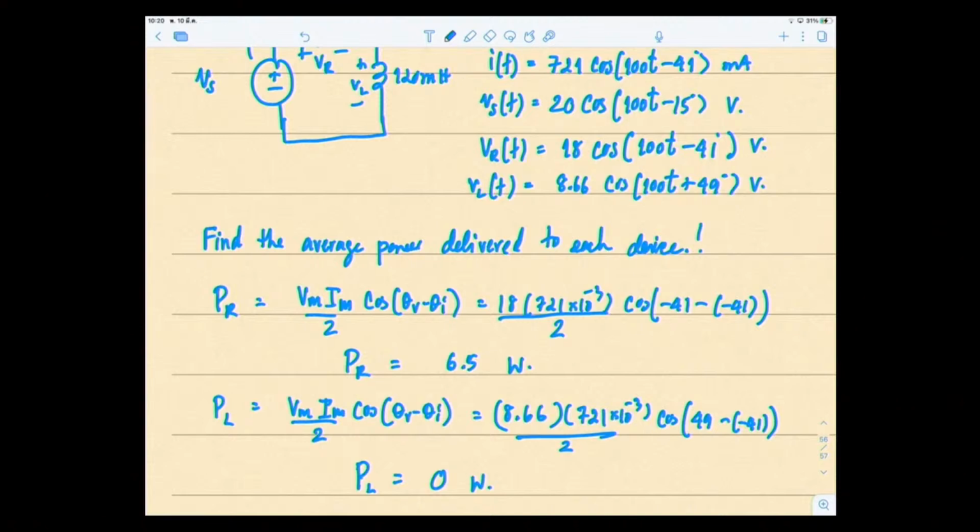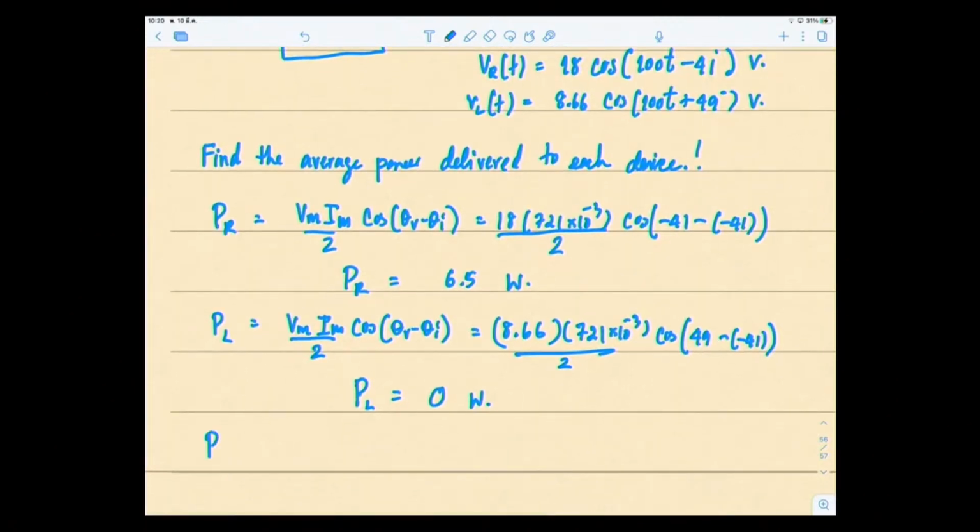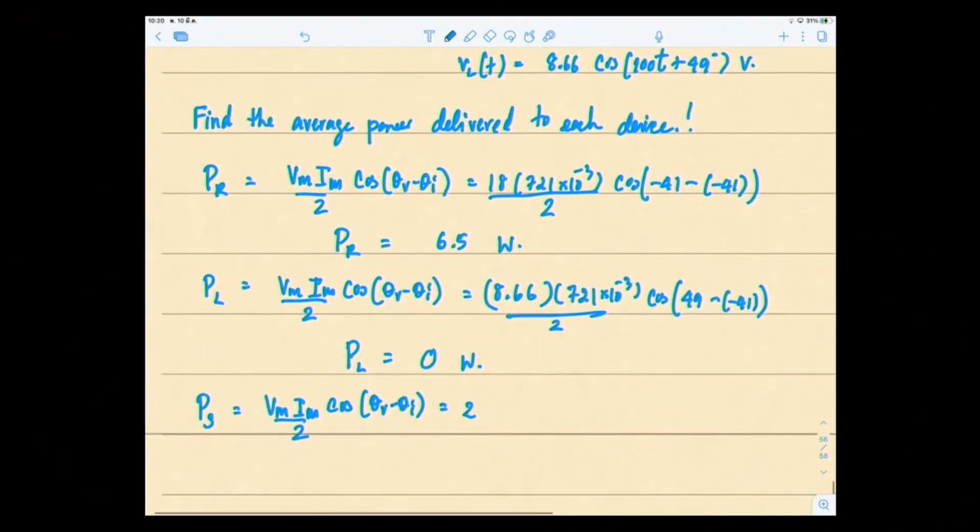The last element is the source. Okay, so Vm Im over 2 cos theta V minus theta I. By now you may start to get a hold of the whole formula for the average power, hopefully. So for the source, Vs is equal to 20, the current is still the same current flowing through it, 721 milliamps, divided by 2.